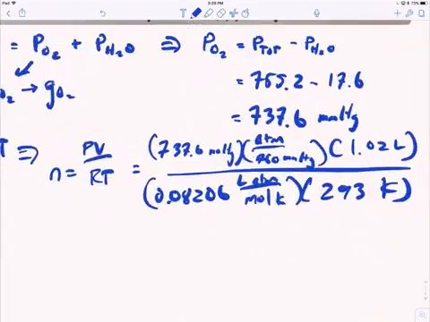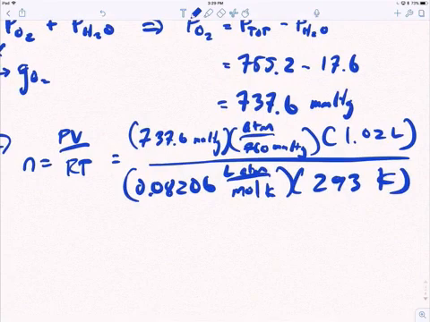Okay. I'm going to zoom in for you. You guys are looking, I see some people squinting. So, divided by 760 times 1.02.